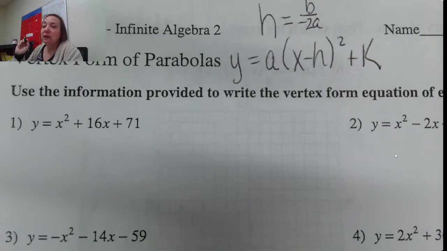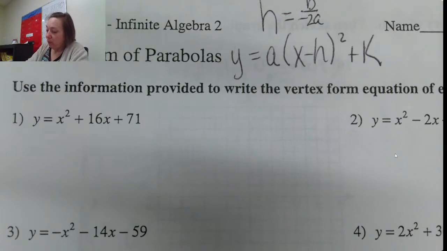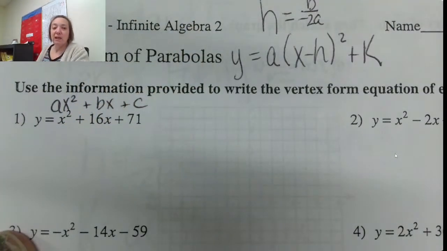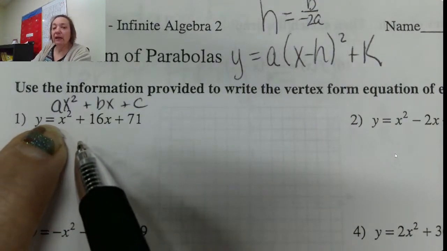Okay. So let's do number 1. So first thing we have to do, now remember, this is in standard form, so ax squared plus bx plus c form. So what is our a value? X is not our a value. It's 1.